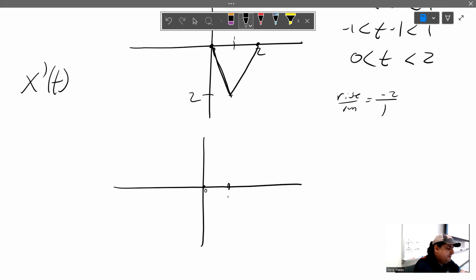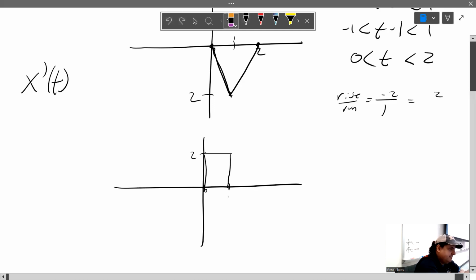So the slope is -2. From 1 to 2, the rise over run is 2 over 1, right? So the next is gonna be, oh, sorry. It's positive. It's like this.